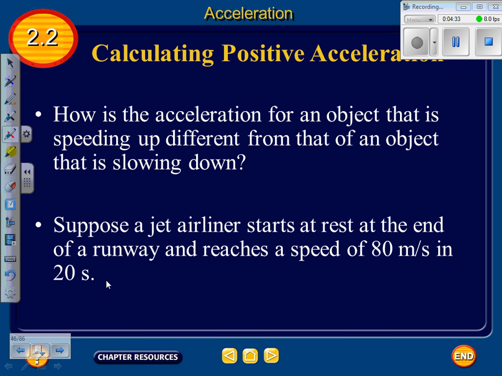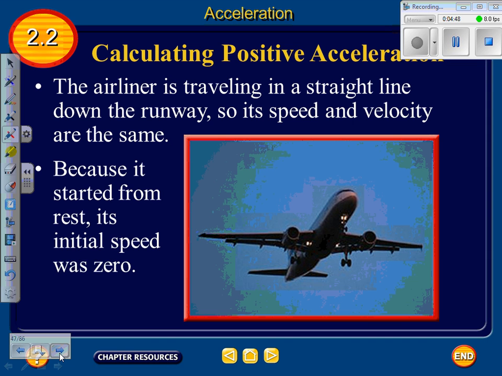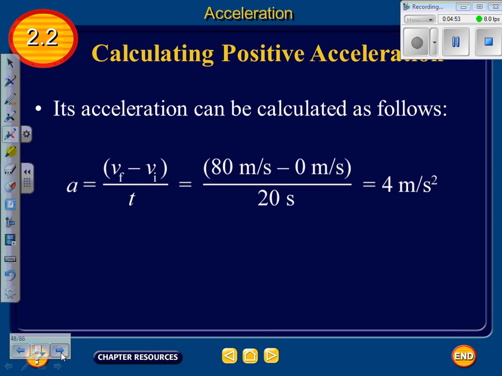Suppose a jetliner starts at rest at the end of a runway and reaches a speed of 80 meters per second in 20 seconds. The airliner is traveling in a straight line down a runway, so its speed and velocity are the same. Because it started from rest, its initial speed was 0. Its acceleration can be calculated as follows.